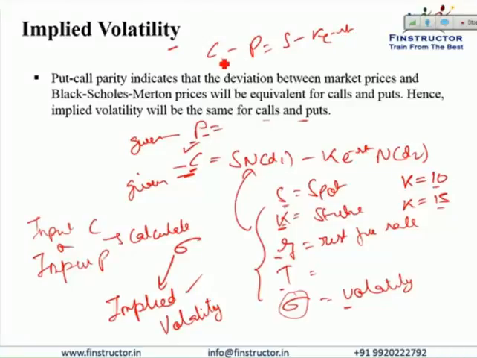So if C is the Black-Scholes-Merton and P is the Black-Scholes-Merton, or if C is the market and P is the market, even though Black-Scholes-Merton may be mispricing, it will misprice the call and the put equally, because the put-call parity is a no-arbitrage relationship.